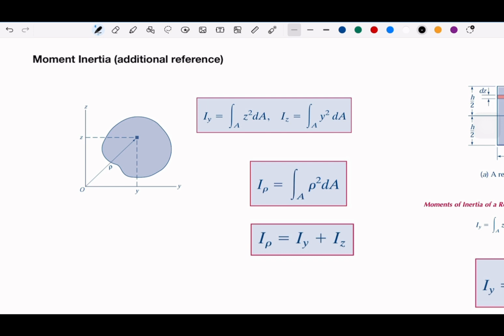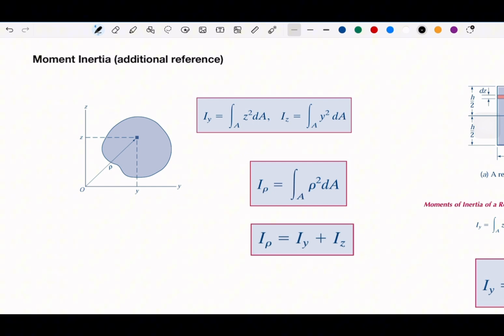We add both of them. Okay, and the inertia for the body, or the rho, is just rho squared, that distance, and then dA.